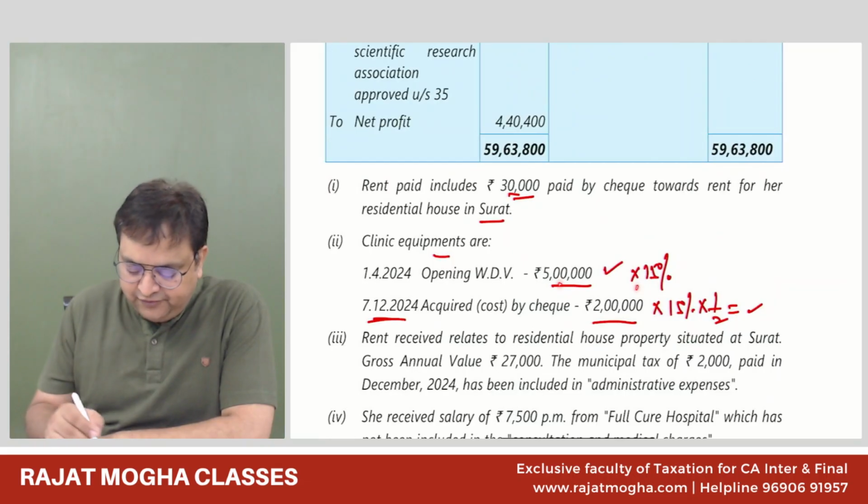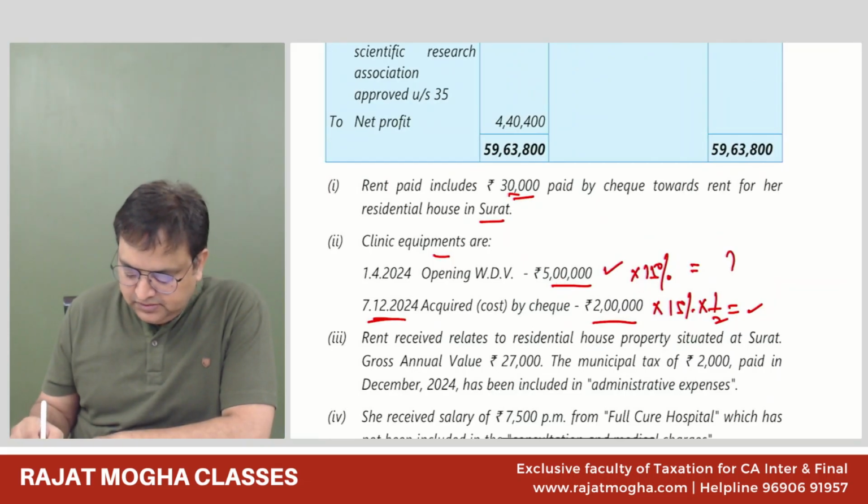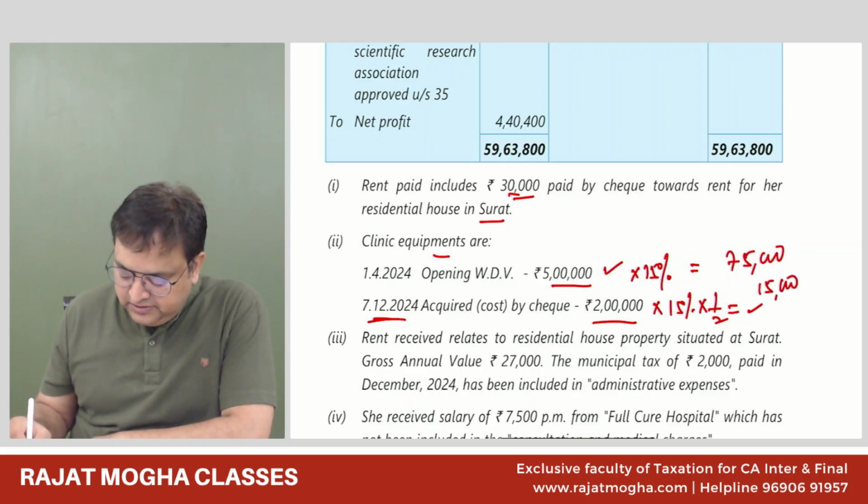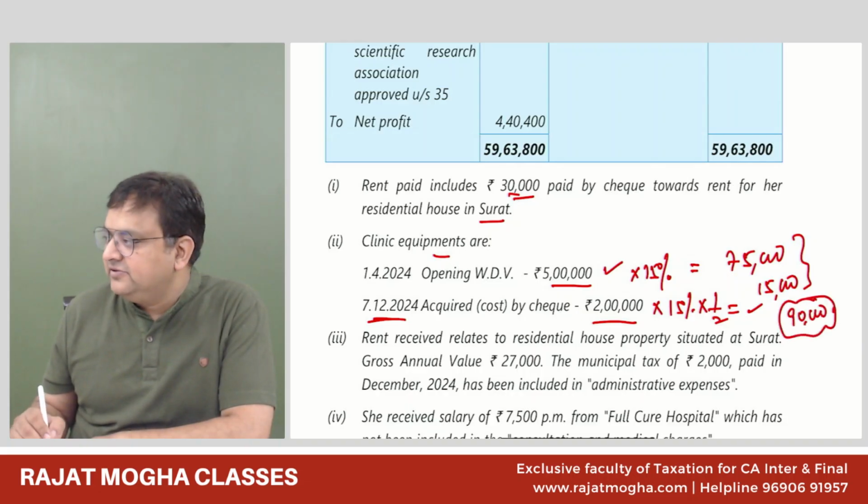So 5 lakh into 15% would be 75,000, and 2 lakh into 15% and half would be 15,000. So total would be 90,000 is the depreciation on this equipment. So this you will allow. Everybody's okay till here?